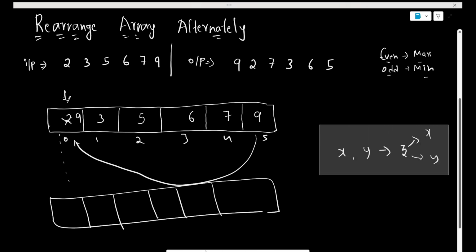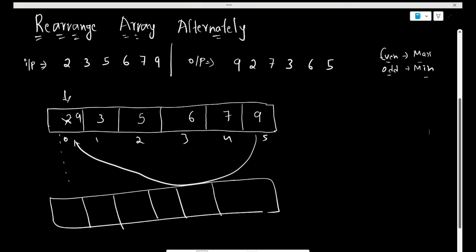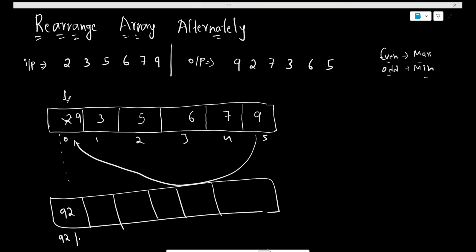So let's go deep into it. In the place of 2 and 9, I'm just writing 92. 92 is a number. Can we get 2 and 9 from 92? Yes, obviously. 92 divided by 10, the answer is 9.